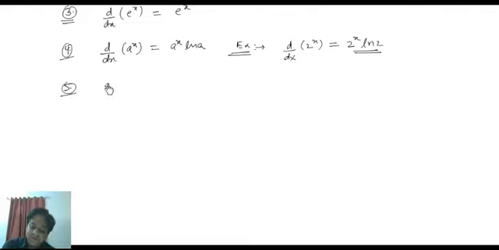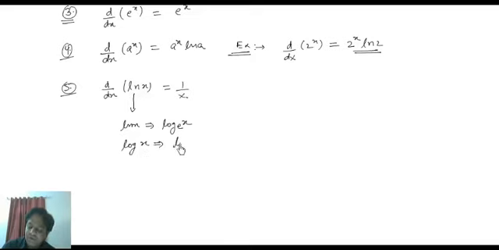Fifth is d by dx of ln x is 1 by x. Remember that ln x means log base e of x. If in physics you find somewhere written log x, then this implies log base 10 of x.